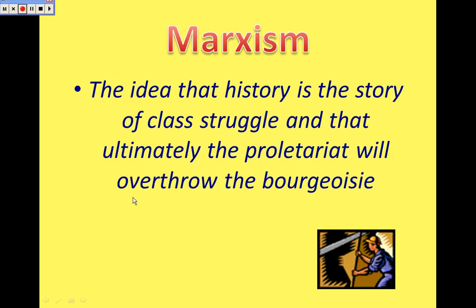And Marx says the only way that you can get a resolution to this, where the proletariat will not be taken advantage of, is for there to be an overthrow of the system. They promote an overthrow of the government. And that's scary to a lot of people. That means that they're actually going to try to provoke change. Supporters of Marxism would seek to lead a change that could have major ramifications.